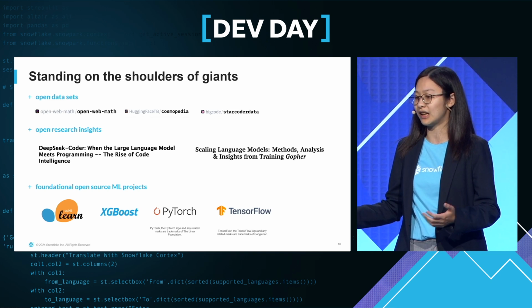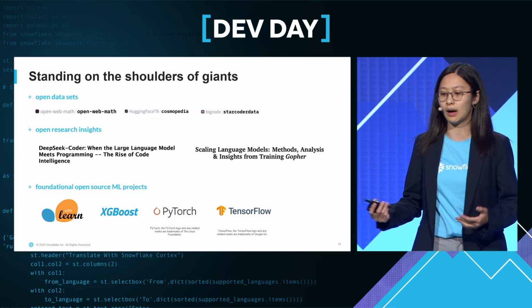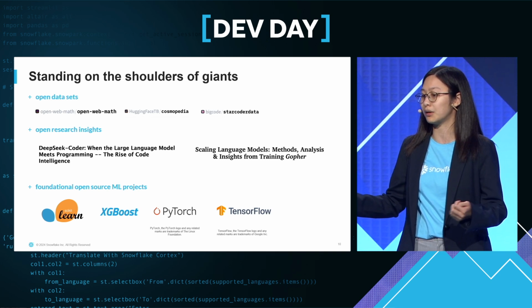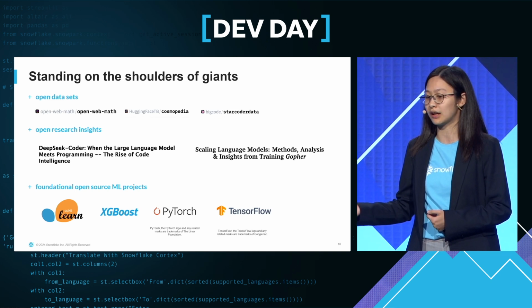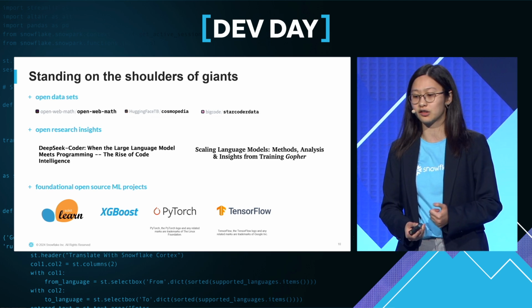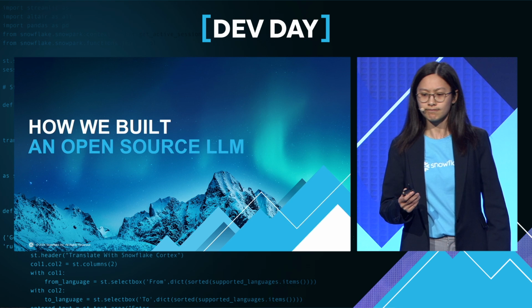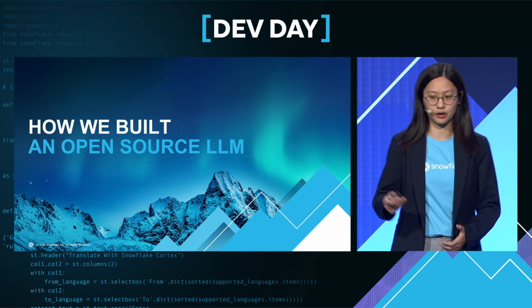On this slide, you can see some of the data sets, papers, and libraries that we use to develop Arctic. And we'll also share some of these resources with you at home at the end of the talk. So now I'm going to hand it over to Yusuf, who will share some of the details about how we built Arctic. Thank you.